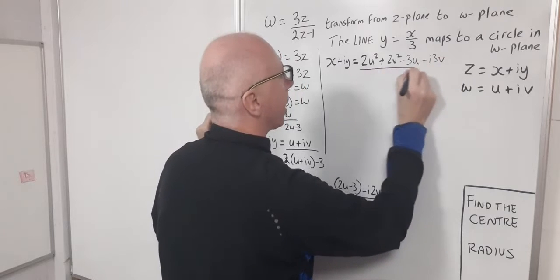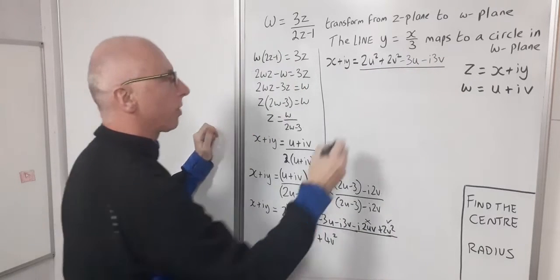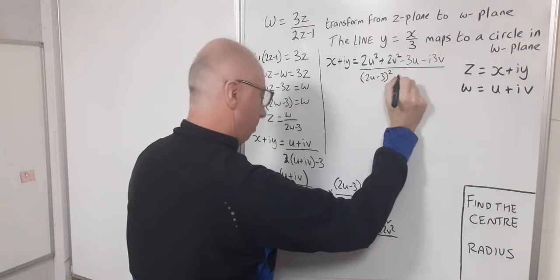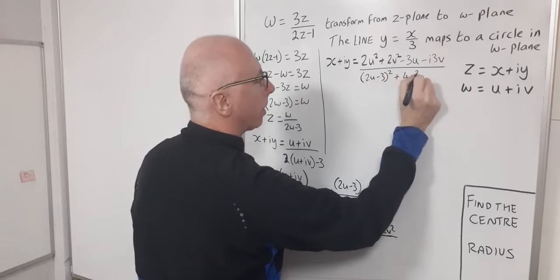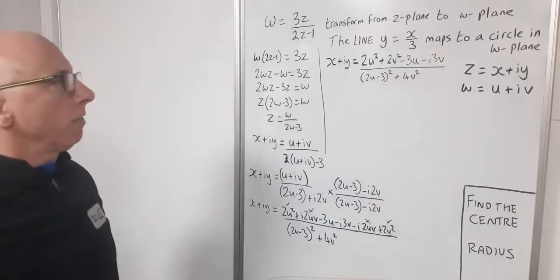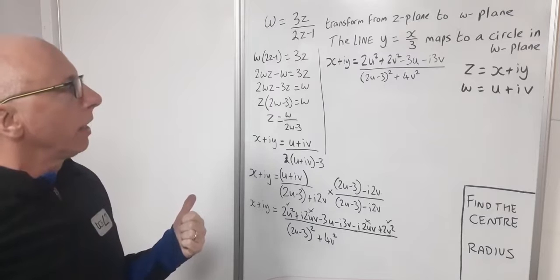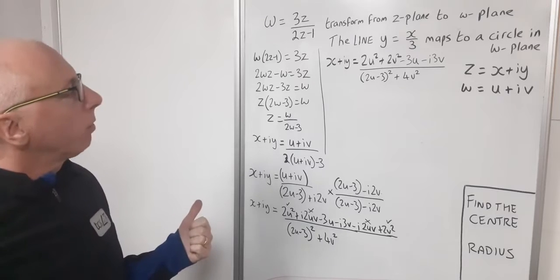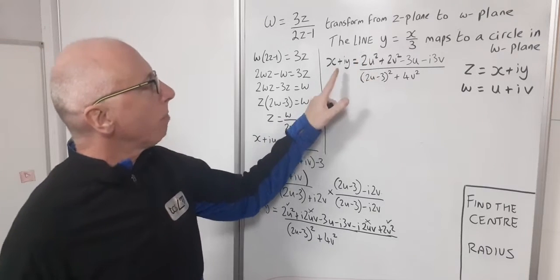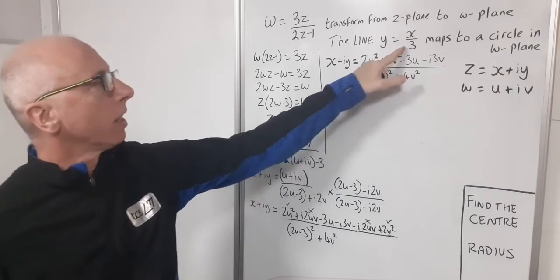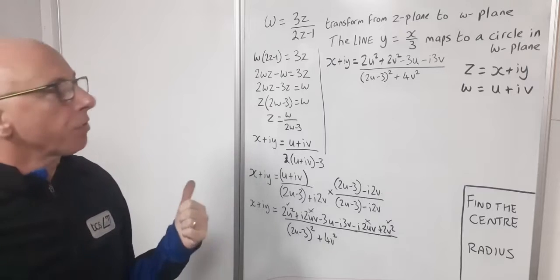And then the denominator, I've got (2u minus 3) squared plus 4v squared. Okay, right. Now that's as far as I could go with that, I believe, for now. Now what I want to do is map this onto the line y equals x over 3, so x equals 3y.